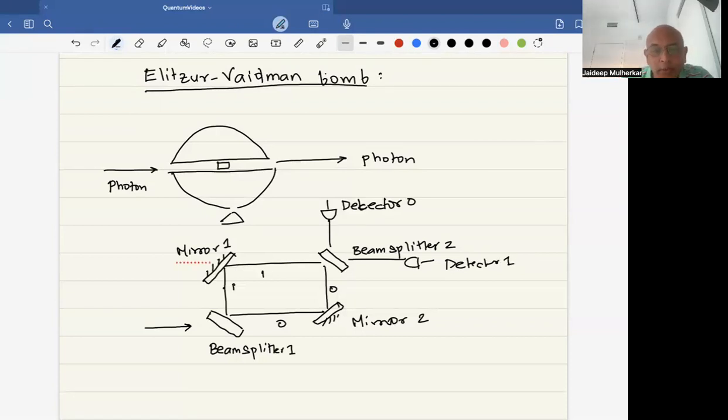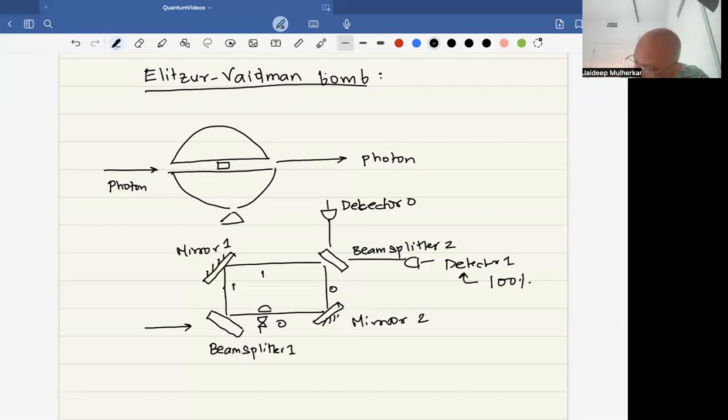Now recall that if a photon passes through this interferometer, then the probability of detecting at detector number 1 is 100%, unlike the classical case where there is a 50% probability of getting detected at detector 0 and 50% at detector 1.